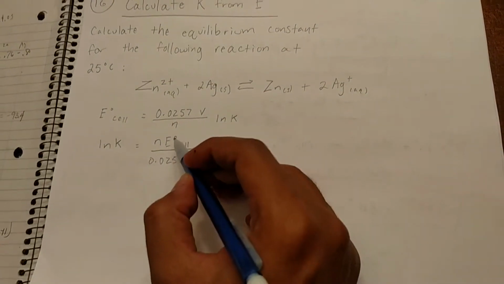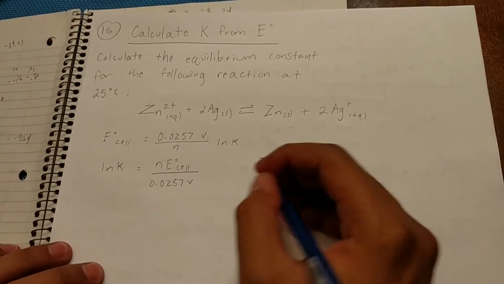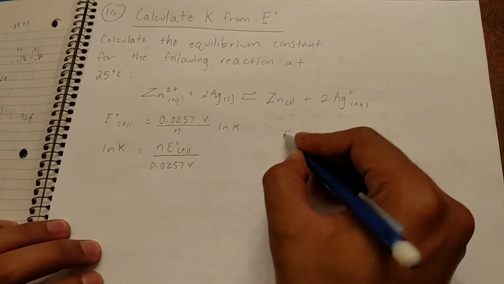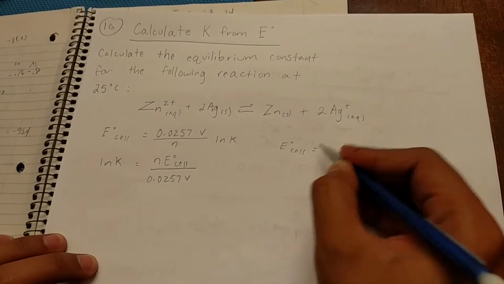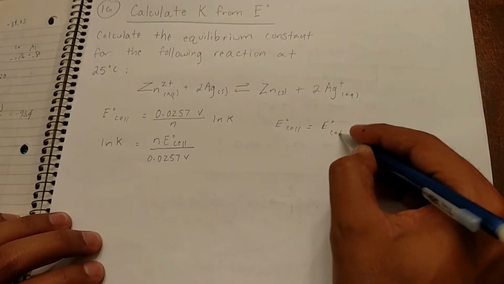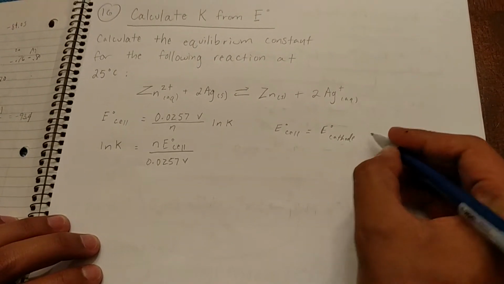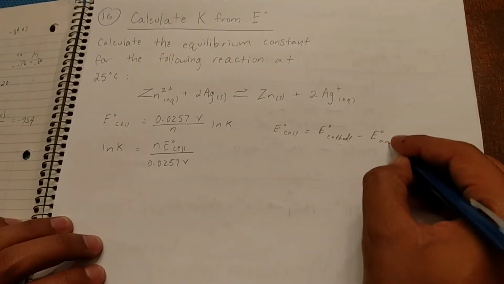We have to figure out what E° of the cell is. So to do that, we do E° of the cell is equal to E° of the cathode minus E° of the anode.